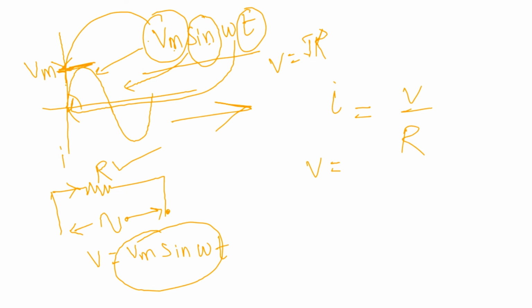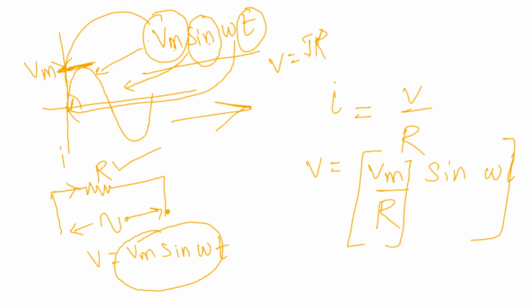Voltage is Vm sine of omega t, and resistance is R. So we can represent current across this particular resistor as Vm upon R sine of omega t.